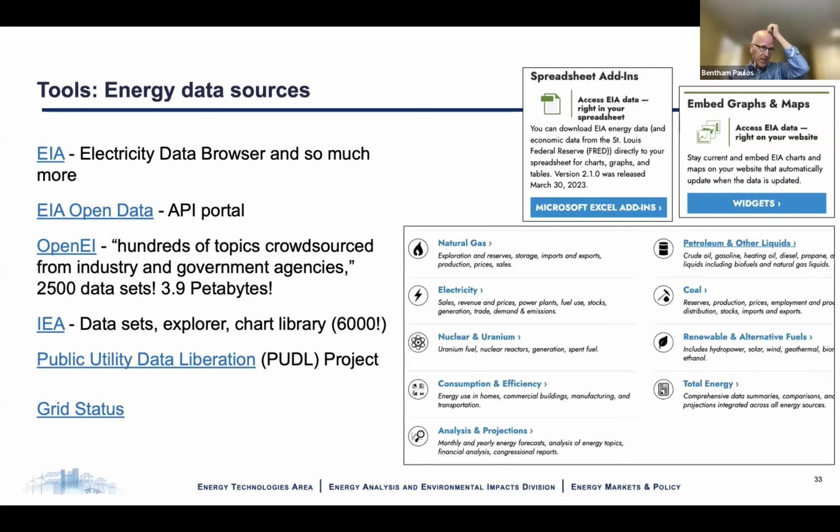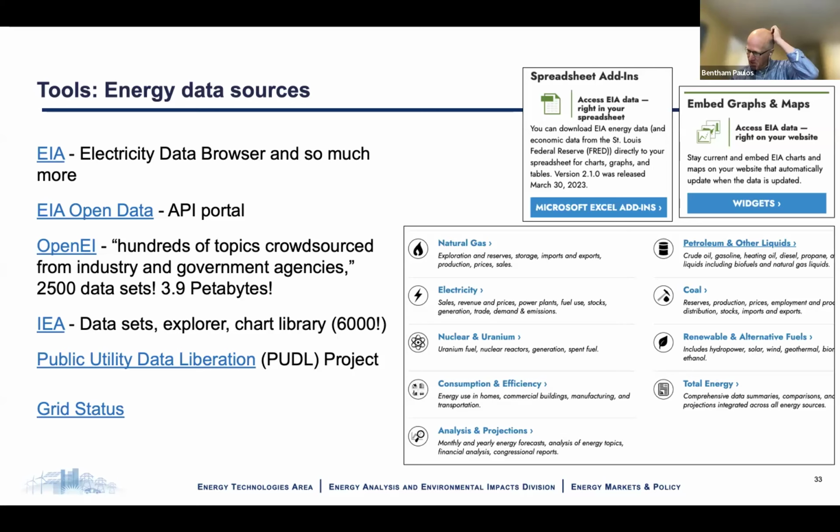The extended version of this is a cross-government site called OpenEI, where data is crowdsourced from industry and government agencies. And I looked it up. They have 2,500 data sets with 3.9 petabytes of data.